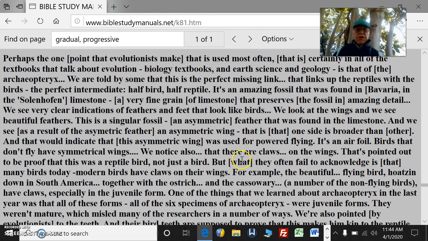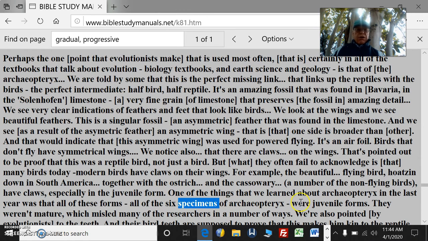Notice also that there are claws on the wings. That's pointed out to be proof that this was a reptile bird, not just a bird. Exciting. But what they often fail to acknowledge is that many birds today, modern birds, have claws on their wings. For example, the beautiful flying bird, Hoatzin, down in South America, together with the ostrich and the cassowary, a number of the non-flying birds, especially have claws, especially in the juvenile form.